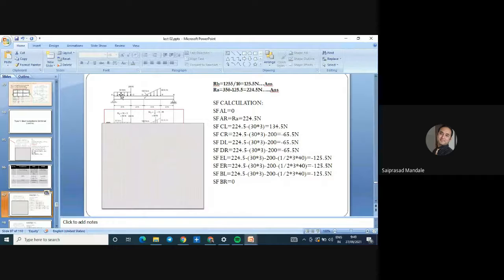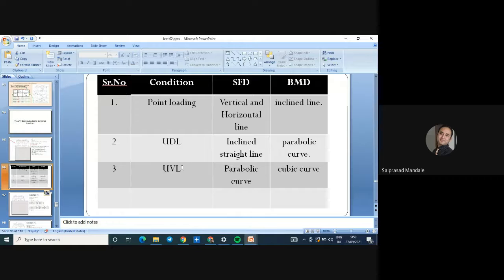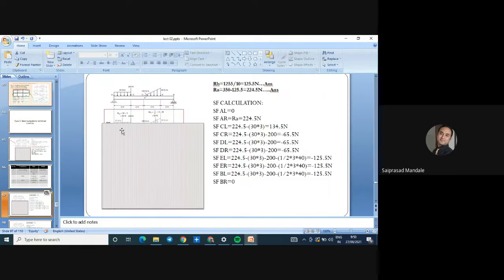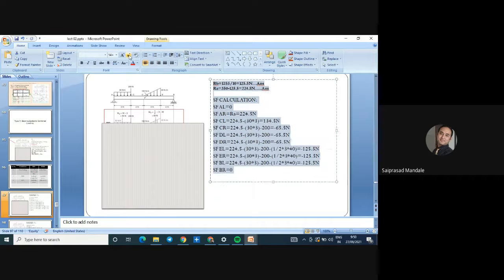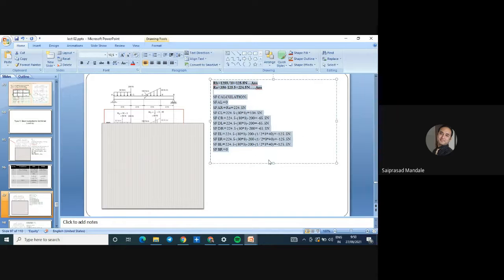Let us check. Okay, it is clear, here it is an inclined line. Point load, horizontal or vertical line. And when there is a UVL, in that case I have to draw a parabolic curve. Let us check. See, I'm going to draw over here. Everyone, you have to be very focused while you are drawing the diagram.